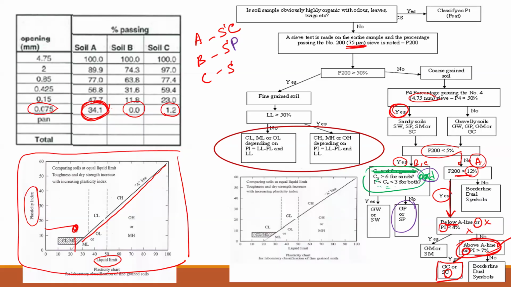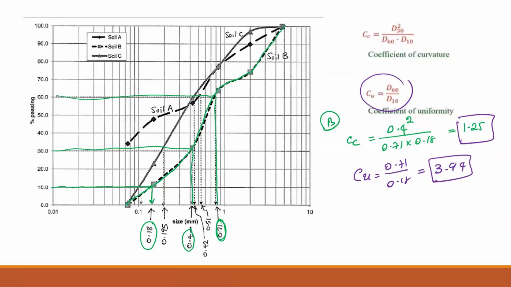And if you look at C, I think in the answer sheet, these numbers are different for B, but C should be right. I need to correct it. So if you look at C, so this is our D10, D30, and D60, this is our curve.